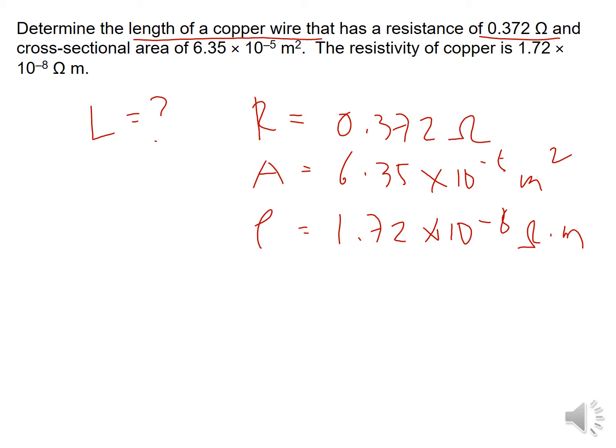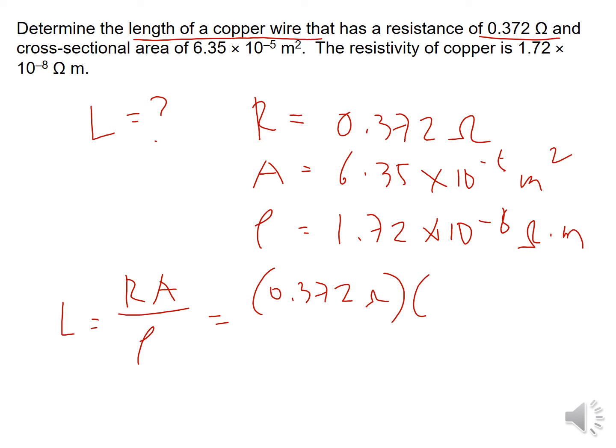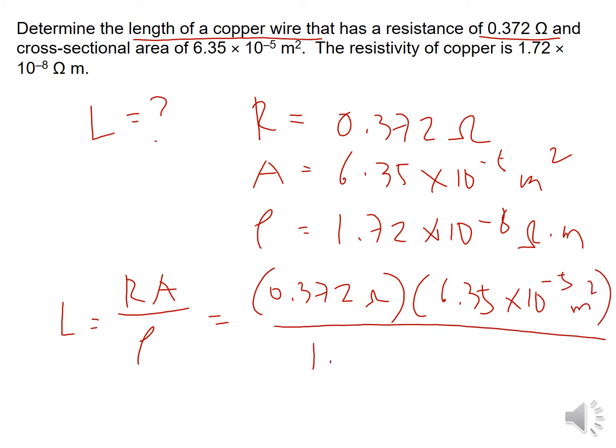Okay, so to compute for that, according to our derivation, length is equal to R, resistance, multiplied by area, divided by the resistivity. Let's just substitute the given. Resistance is 0.372 ohms, area 6.35 times 10 to the negative 5 square meter, divided by the value of resistivity, 1.72 times 10 to the negative 8 ohm meter.